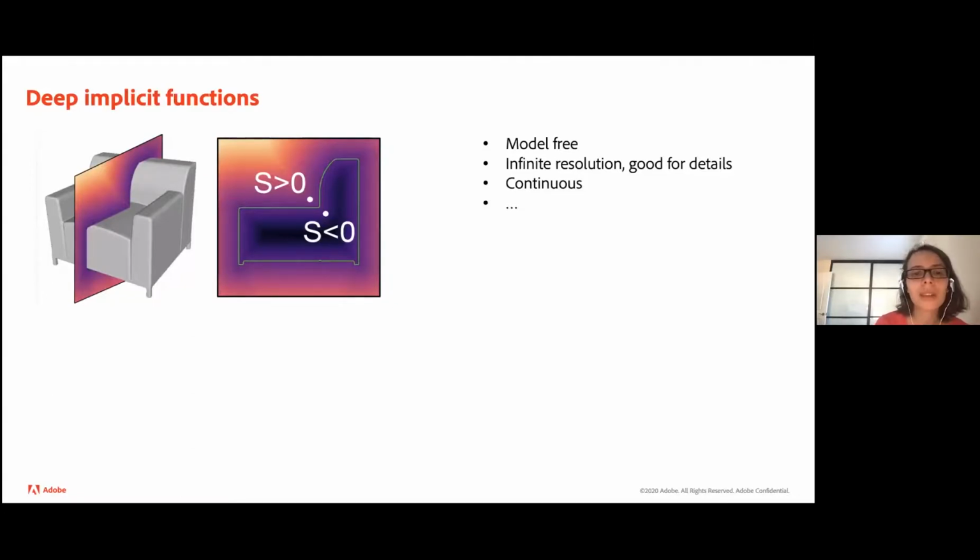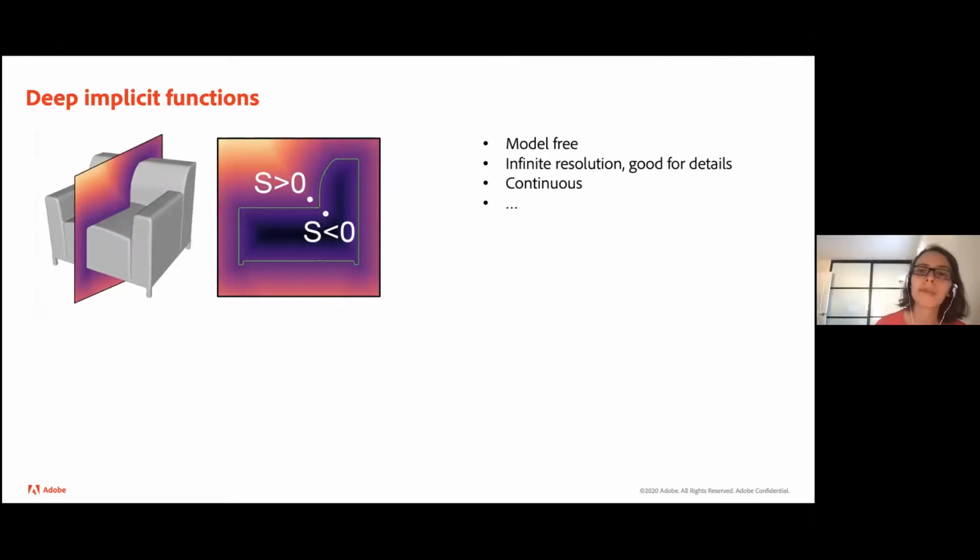The main advantage of implicit functions is, of course, they are model-free, so they are more generalizable across different object categories. And in theory, you can get infinite resolution, since you can sample this function at as many points as you want.